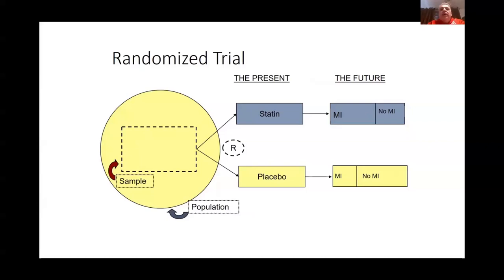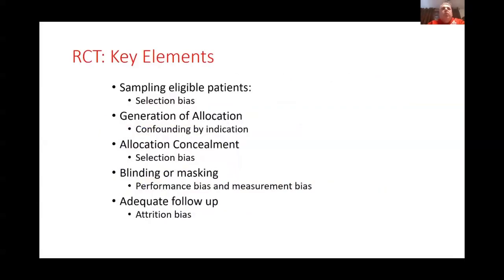We take the example again of statin versus MI, another kind of old statin, versus MI or not MI, and we will see the effect of the new drug versus the routine conventional drug. What are the key elements in a randomized clinical trial?